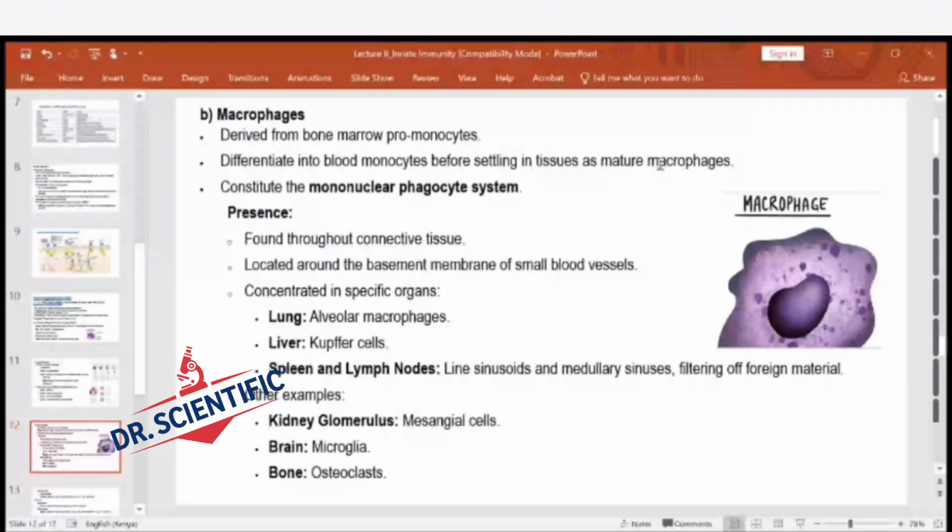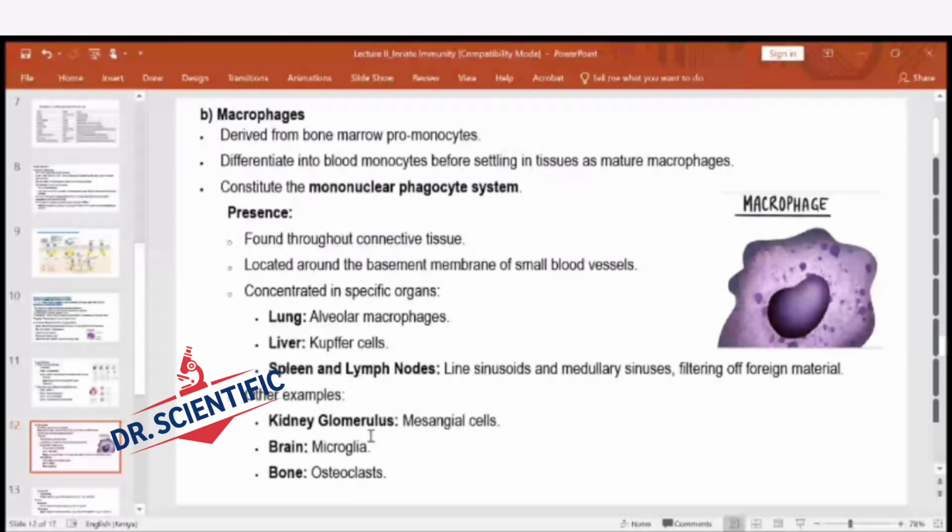For instance, monocytes have moved to the lungs and they become part of the lungs. They have become, of course, macrophages, and we refer to them as alveolar macrophages. That is in the lungs. In the liver, we refer to them as Kupffer cells. In the spleen and lymph nodes, we call them sinusoidal macrophages. We refer to them as mesangial cells when they are in the kidney.